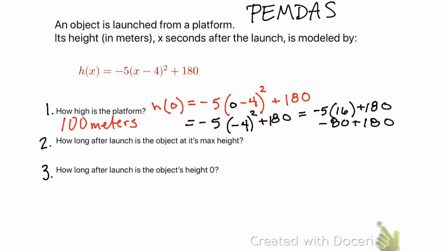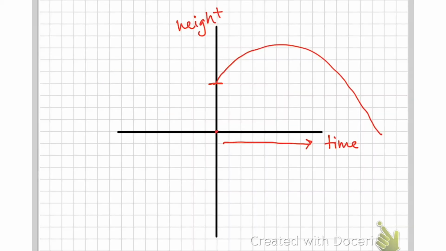All right, next question. How long after launch is the object at its max height? So let's go back to our sketch of our graph over here. My answer here is going to be time because it says how long. So time is what I'm looking for, not height.